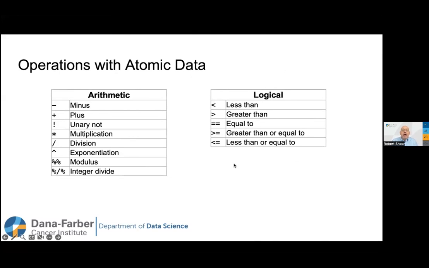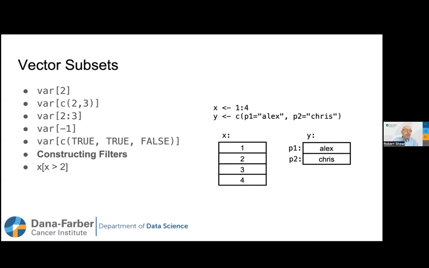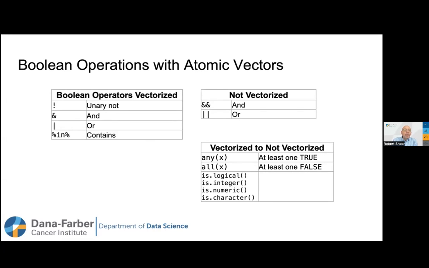Logical operators operate on strings and numbers and logicals, aka Booleans. The Booleans, by the way, turn into zeros and ones if they're converted to integer or a number, in the style of algebra.